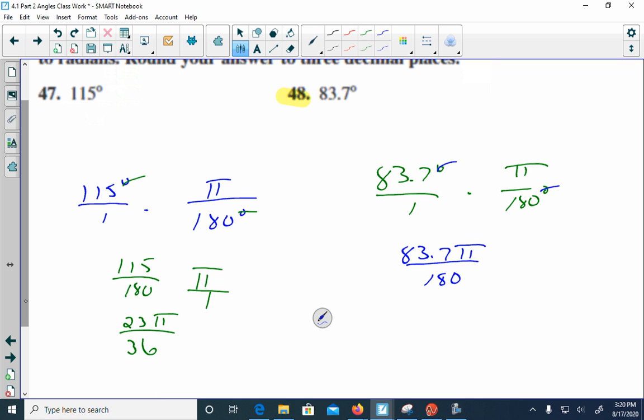So I'm going to take 83.7 pi on my calculator and divide that by 180 and round that, and I'm going to get approximately, and our calculators may round differently, 1.460. And then going back to this one, when I take 23 pi and divide that by 36, I get approximately 2.006.